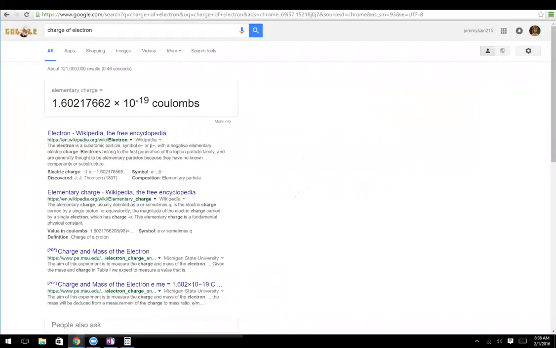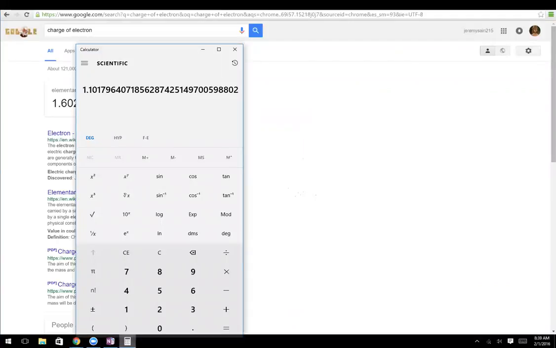Okay, 1.602. I can never remember because the mass of a proton is 1.67, and the charge is 1.60, and I always get them backwards in my head. So this was with 1.67, so I need to divide by 1.67 and times by 1.6.